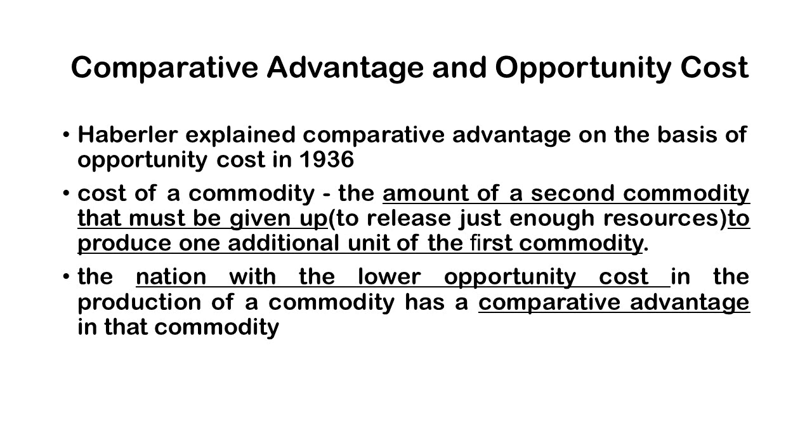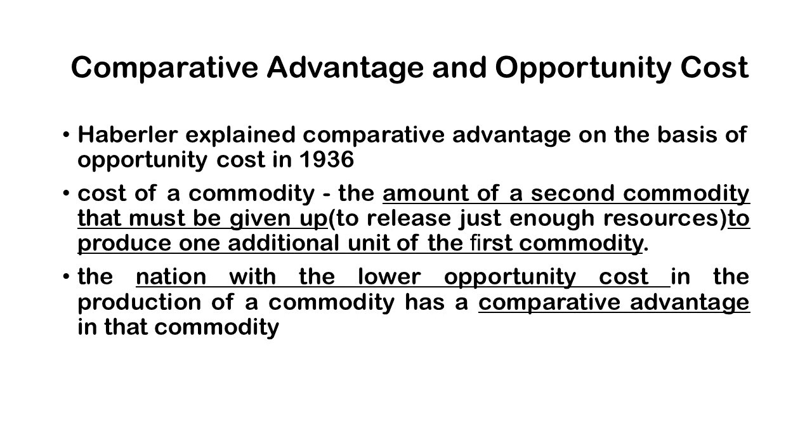We know that resources are scarce. We cannot use the same resources for producing both the commodities. Once we use a certain amount of resources for producing one particular commodity, we are giving up the production of another commodity while releasing resources for the production of the other commodity. That means we could have used those resources for producing another commodity.